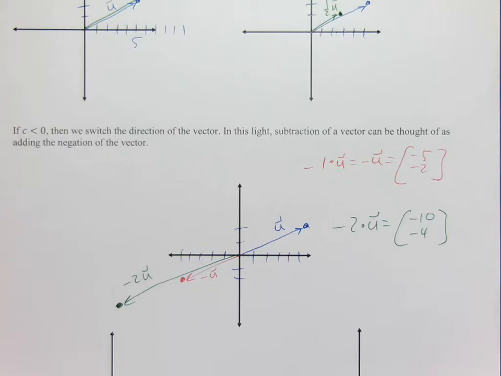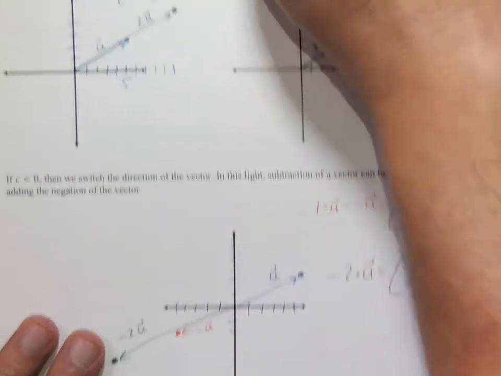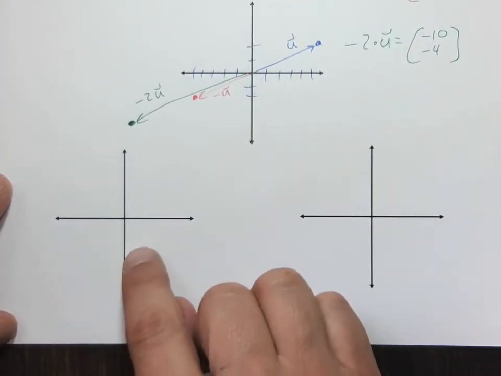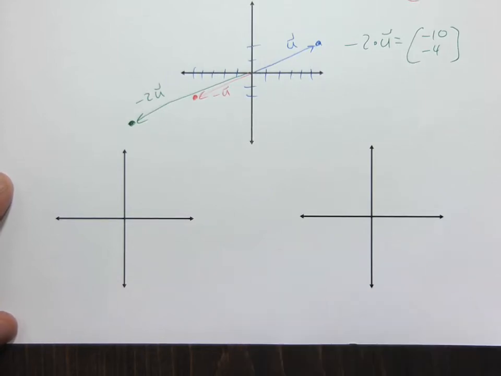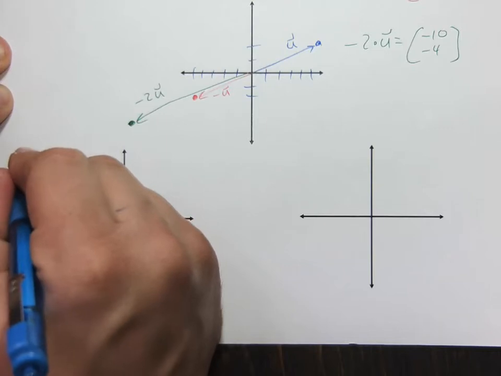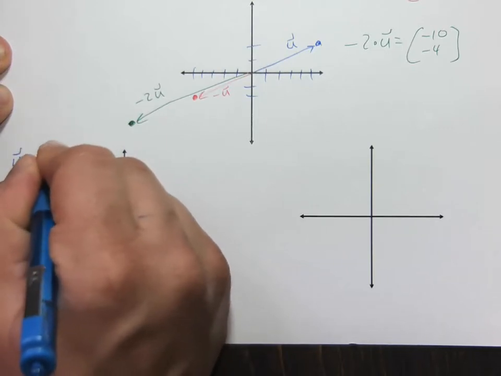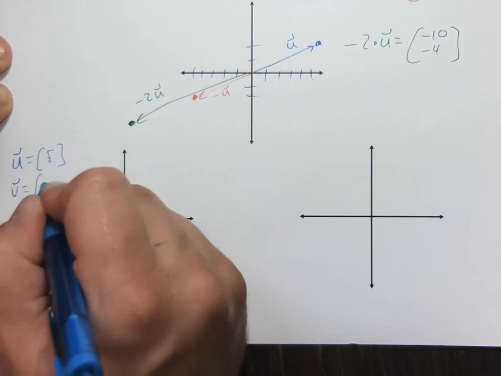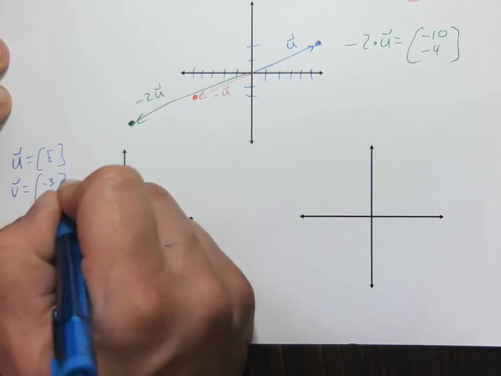So let's subtract something and just see what that looks like. Let's again work with the same vectors, u and v. Before we get too far, I'm going to draw u and v again down here, and then we'll draw the subtraction of the two. Let's remind ourselves that u equals 5, 2, and v is -3, 4.